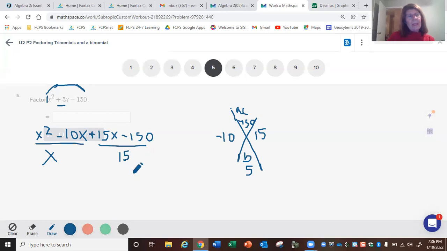Now I'm going to divide this out. I get x times, and x squared divided by x is x. Divide this, the x goes away, and I get minus 10. Then bring down my GCD, 15 in front, and divide here, and I get x minus 10. So my x minus 10 is my common factor.